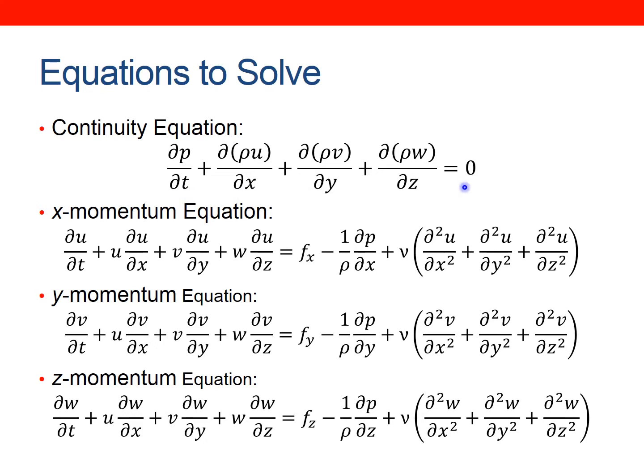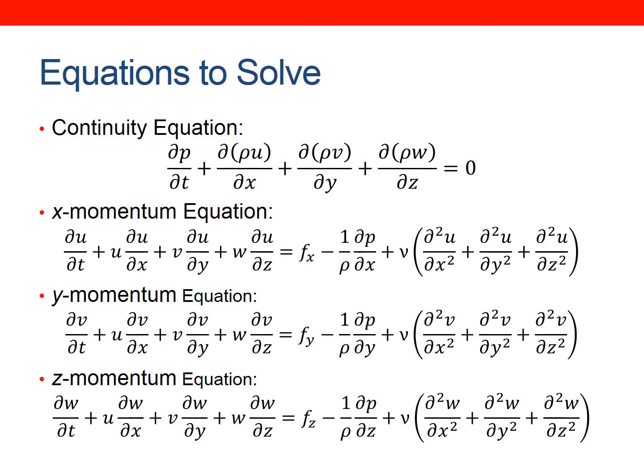So this is the continuity equation, so conservation of mass, and then we've got 3 equations, the x, y, and z momentum equations, which describe the conservation of momentum in the x, y, and z direction. So for the flow down the pipe, we need to solve these 4 sets of equations.